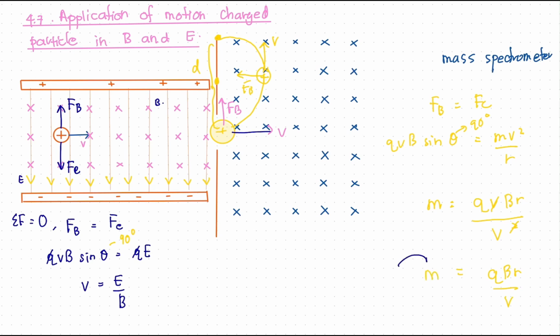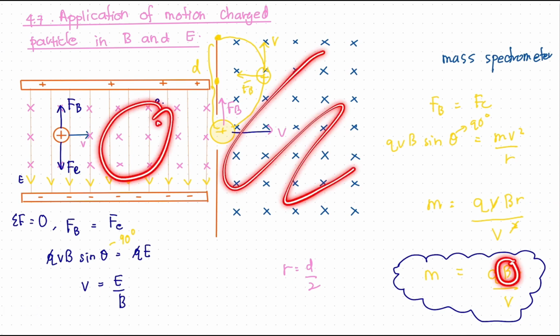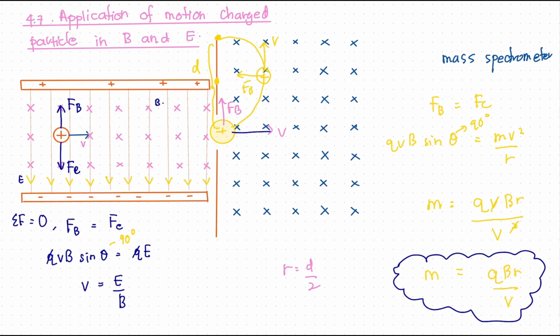From the mass spectrometer we find the radius, R equal to diameter over 2. Keep in mind the velocity here might be different from the velocity selector earlier. Then we can determine the mass of the charge, and compare it with the periodic table to know which particle it is.